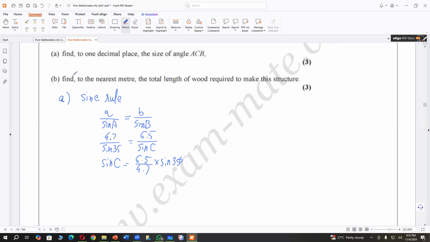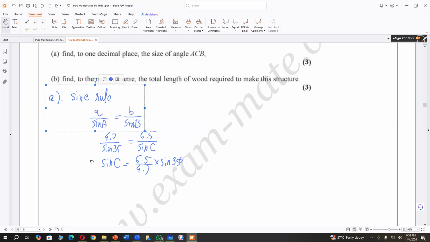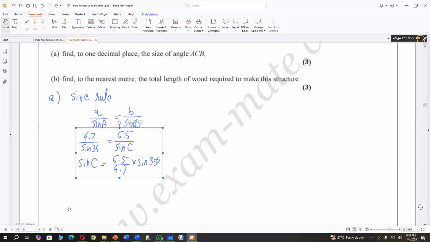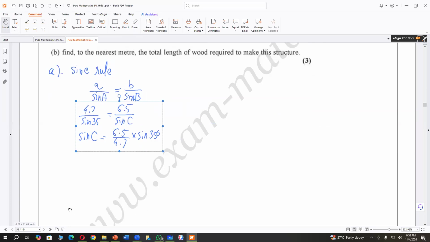So now let's try to solve it. Make sure your calculator is always in degree mode, because it's very important that other modes can create a big problem. So calculator should always be in degree mode. Now you have to solve this.